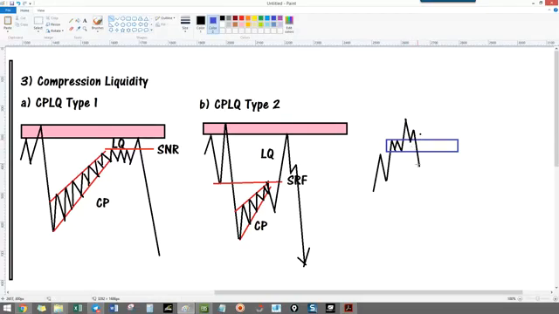This is a break, and then you do something like this. This is a retest, and this is an engulf. Return back here, and then go down again.